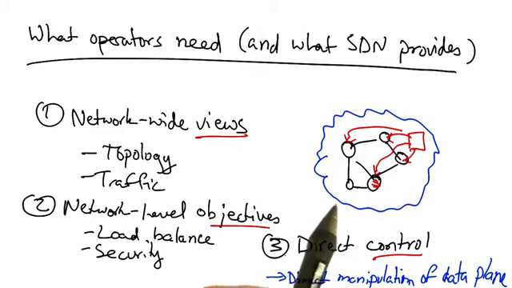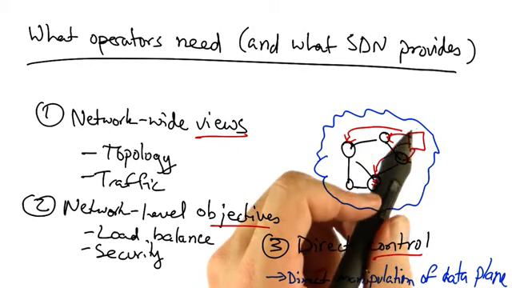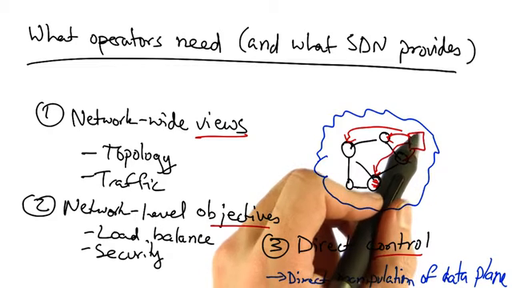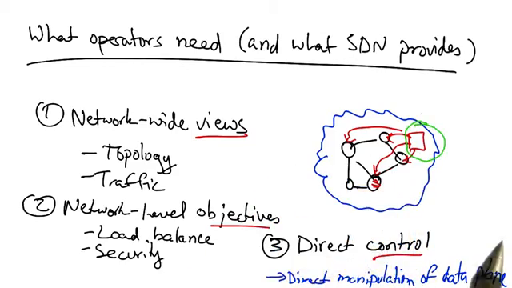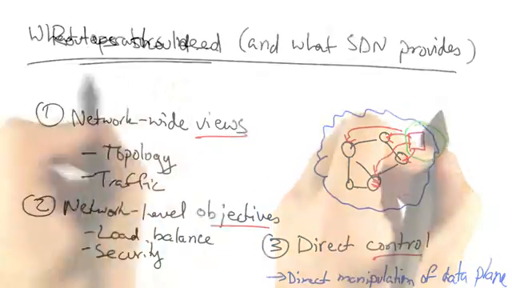So rather than having to configure each device individually and guess or infer what might happen, software-defined networking allows a network operator to express network-level objectives and direct control from a logically centralized controller.